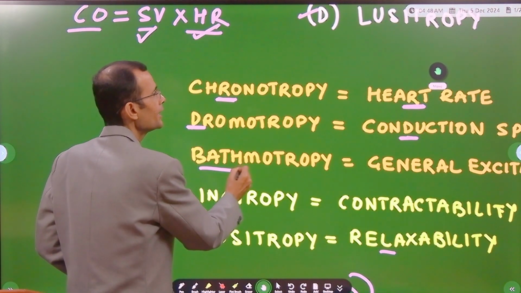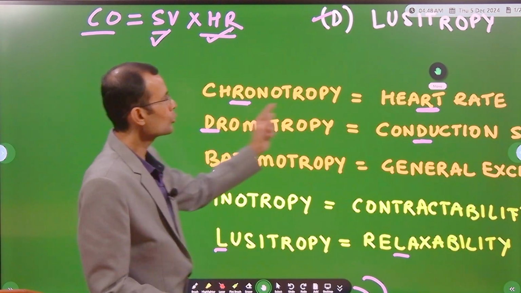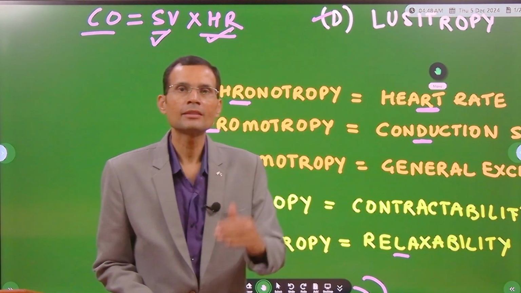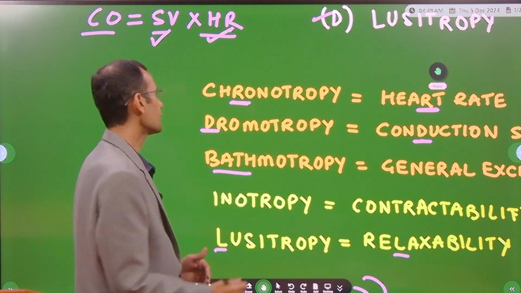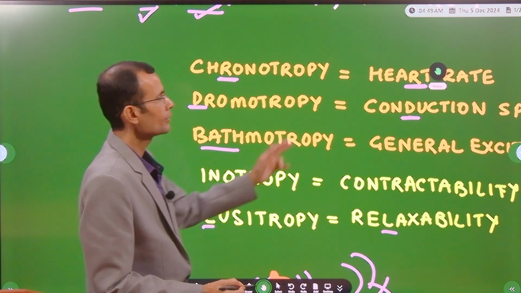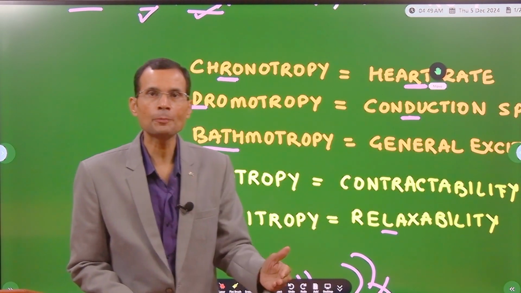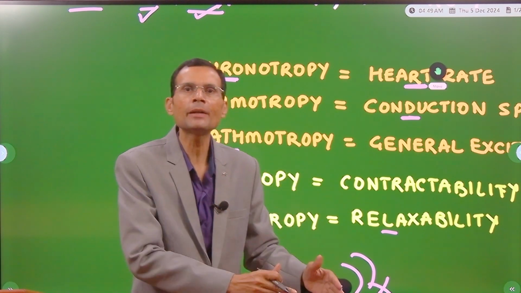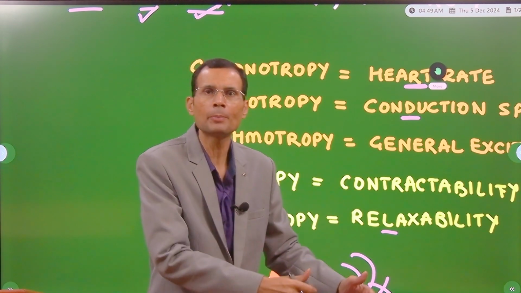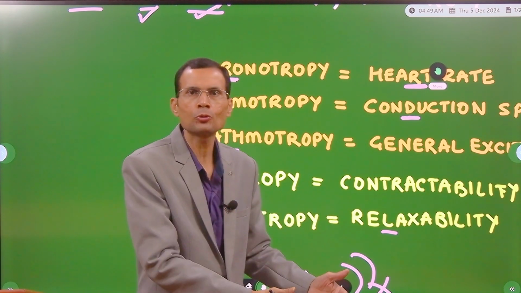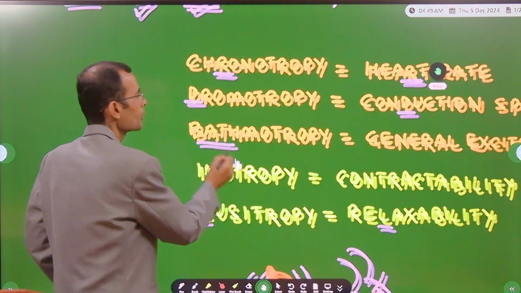With that in mind, let's see these effects. Chronotropy is the effect related to the heart rate. Dromotropy means conduction speed, the speed of one single impulse, how fast or slow it goes through the conducting system.